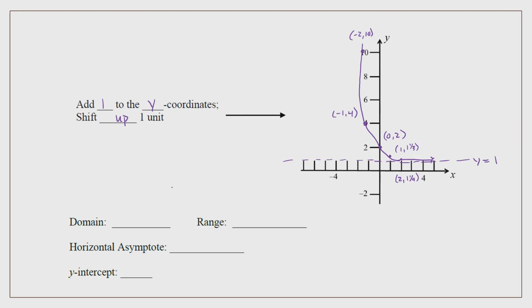So our domain is going to be all real numbers. Our range is going to be 1 to infinity. Our horizontal asymptote is y equals 1. And our y-intercept is 2.